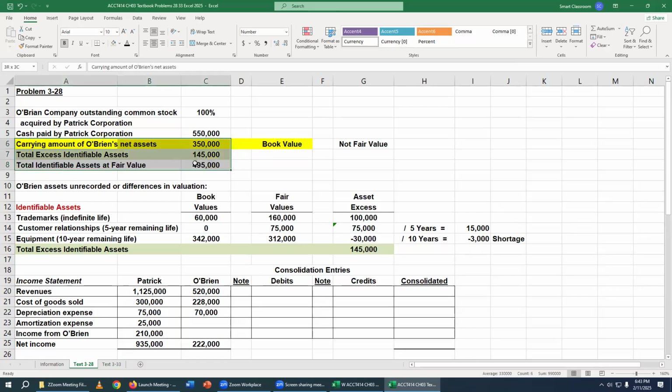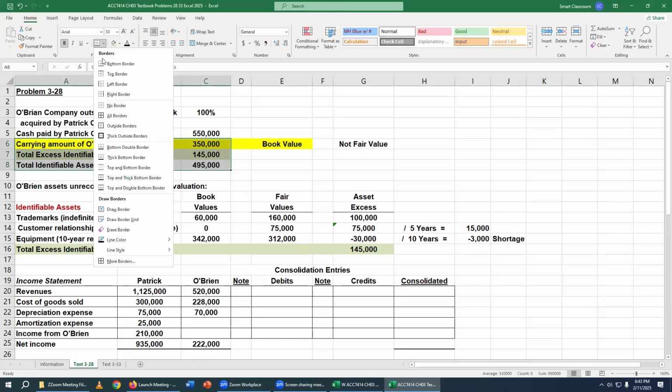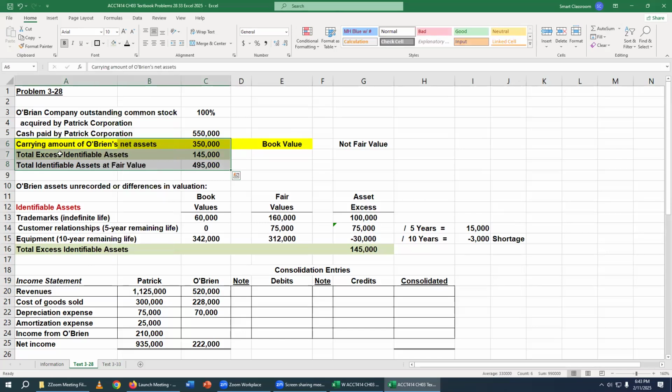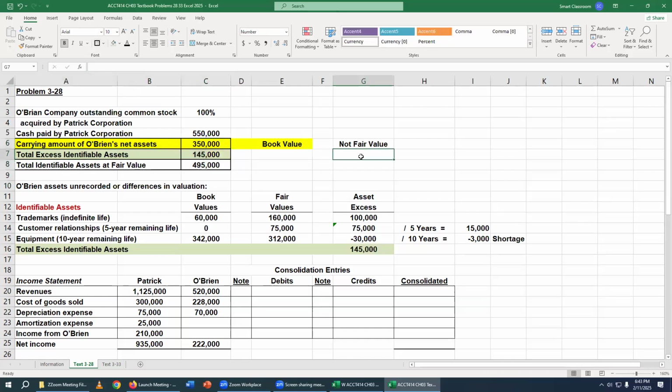I'm going to put little boxes around these just to make them stand out a little more. So here's the total identifiable assets at fair value.